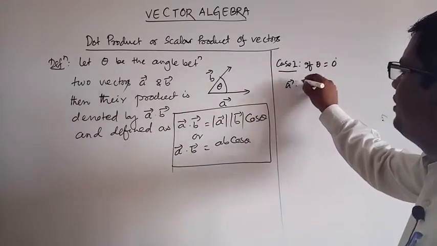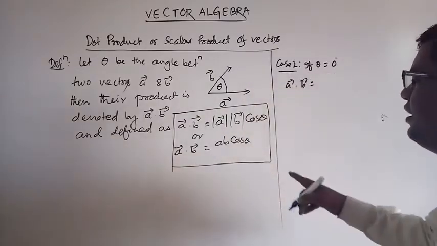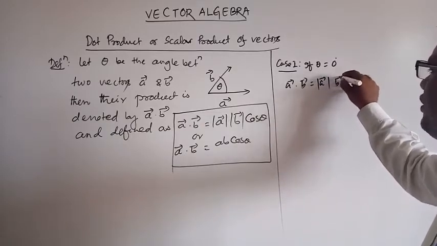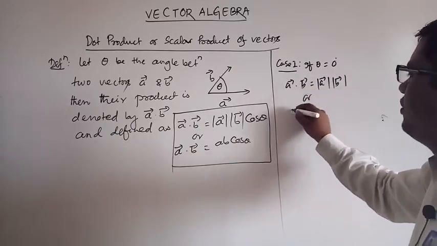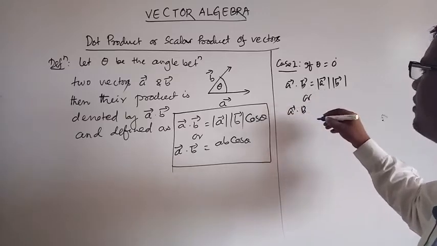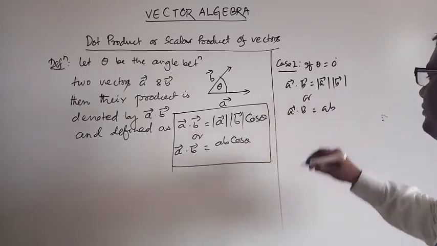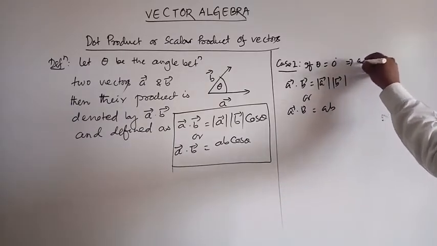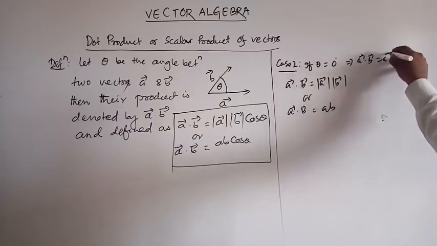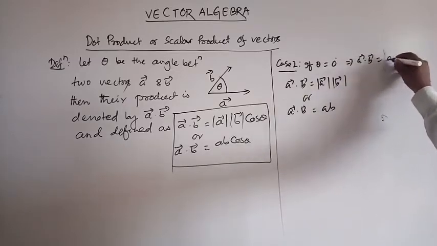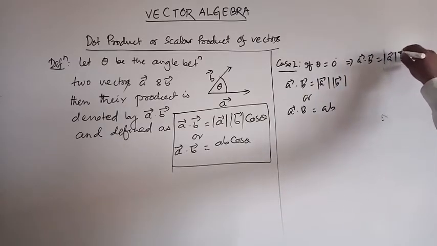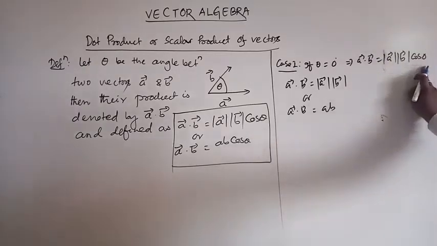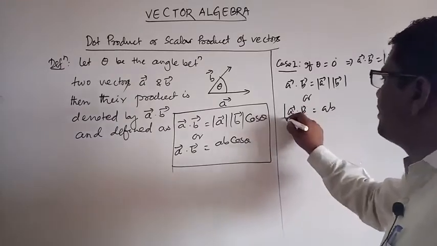A dot B is equal to AB cos 0, that is magnitude of A into magnitude of B into cos 0. So what is the value of cos 0? Cos 0 is 1, so A dot B is equal to AB. Okay, this is case 1.